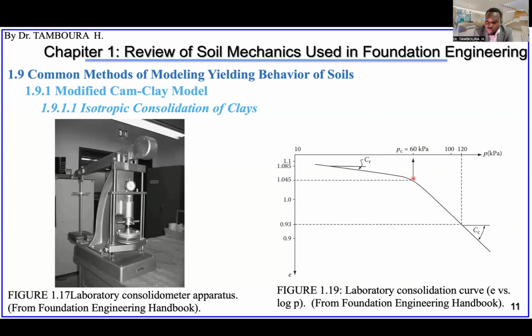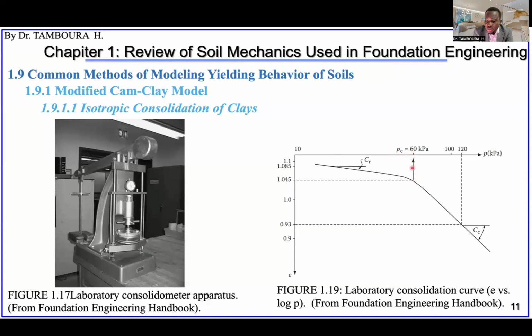When you go above this stress level, then you will observe excessive settlement, excessive consolidation, right? This is normal because here the settlement is very gentle. You see the slope is gentle, very small, because the soil has experienced this type of stress already before in the past.